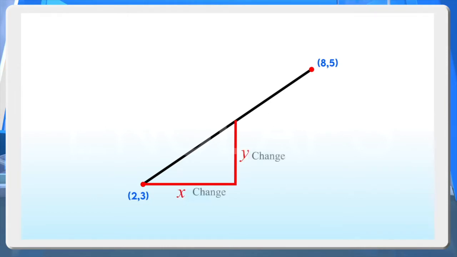So, if we draw a right triangle like this, what is the coordinate of the bottom right corner? If we take the shift as a and b, then the coordinate of the bottom right corner will be 2 plus a, 3. Then, when it reaches the midpoint, the y coordinate increases b units. That is, the coordinates of the midpoint are written as 2 plus a, 3 plus b.